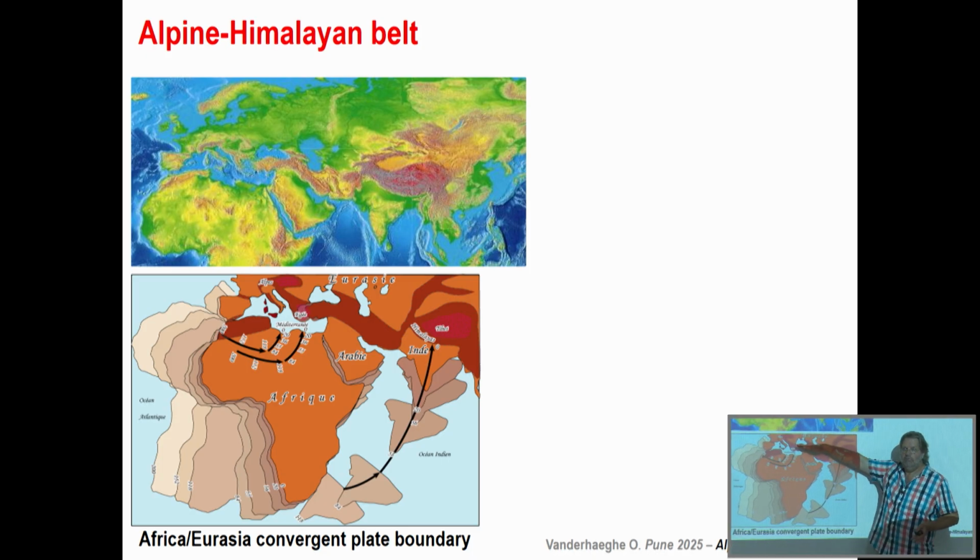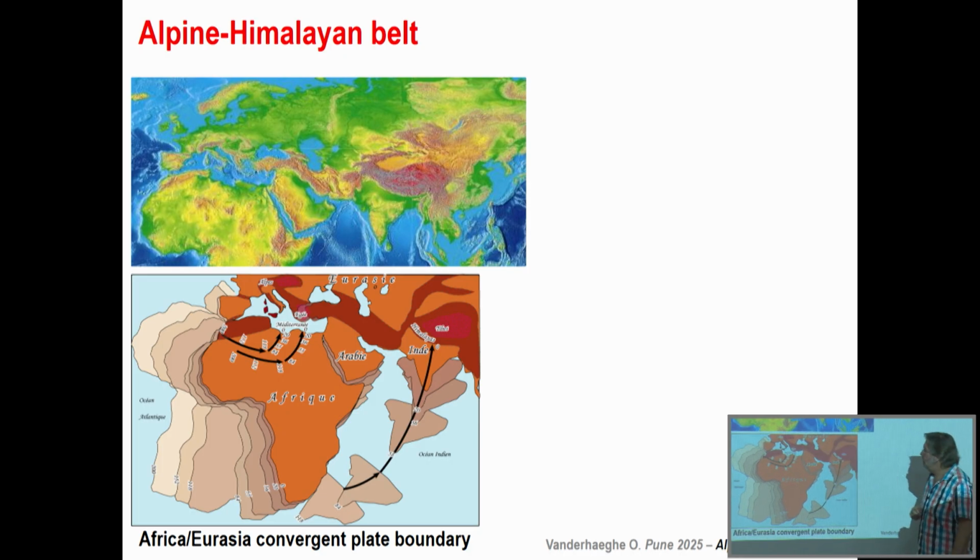Is it logical? Yes, because with a north-south motion of Africa and India, you would expect a mountain belt that corresponds to collision and shortening in the north-south direction, and therefore an east-west trending mountain belt. We'll see that in the details it is much more complex, but first order, that's correct.